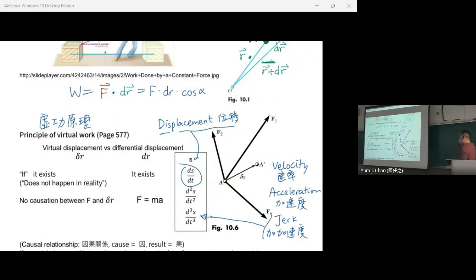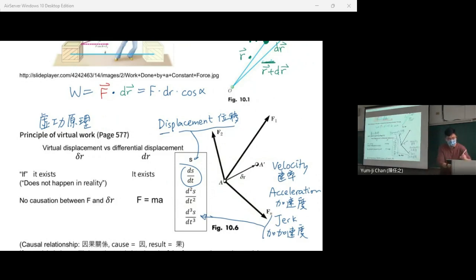And if we have a displacement, for example, if you go from university to home, then you will have displacement, and of course you will have velocity. If this occurs, then we must have this one, and we must have this one.